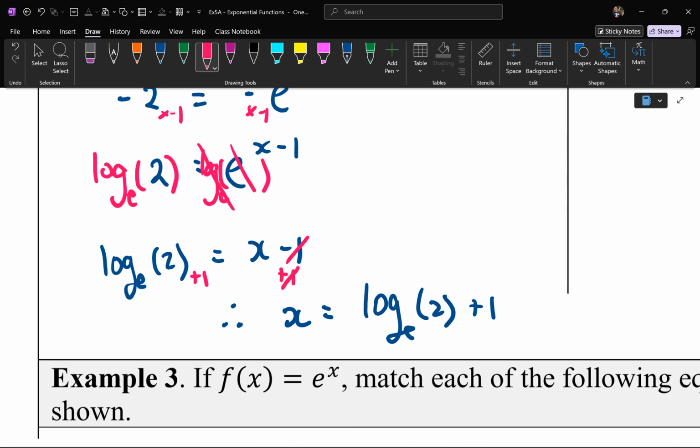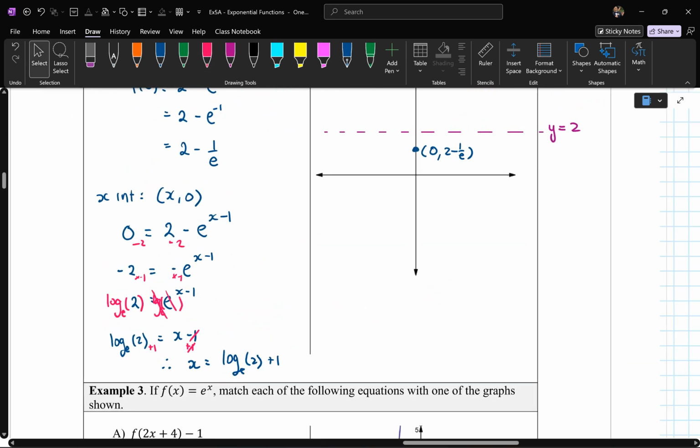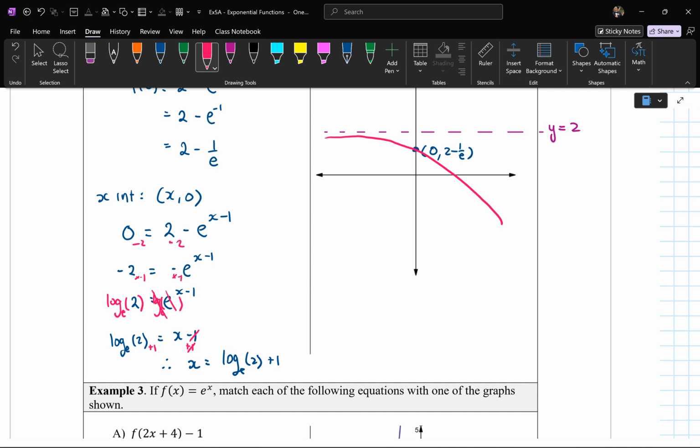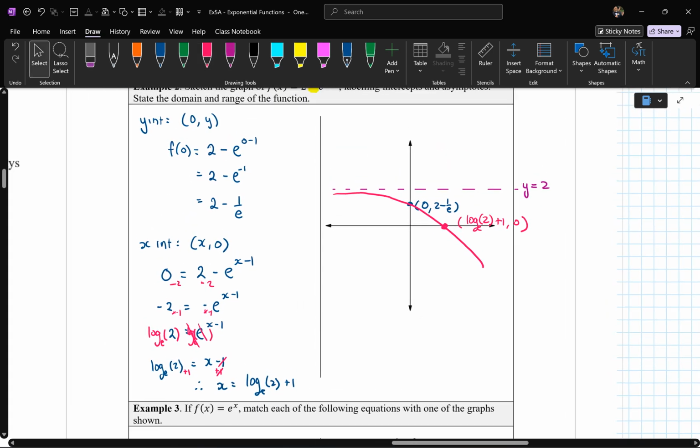You don't need to know what that is because we already know the graph has to look something like this. So log e of 2 plus 1 has to be more positive. I'm just going to label it here and write log base e of 2 plus 1. And that is sketching, x-intercept, y-intercept.